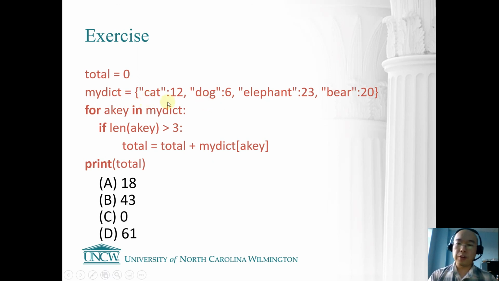So for those two, the lengths are not greater than 3, so we are not adding 12 or 6. Elephant, yes, the length is greater than 3, so I'm adding the 23 to the total. And for the bear, the length is 4, so I'm also adding 20 to the total. So I'm adding 0, 23, and 20, so I'm gonna get a total of 43.